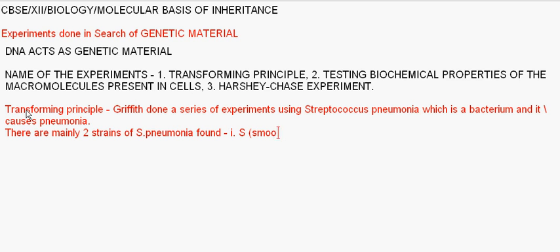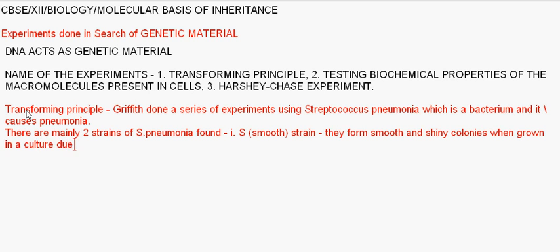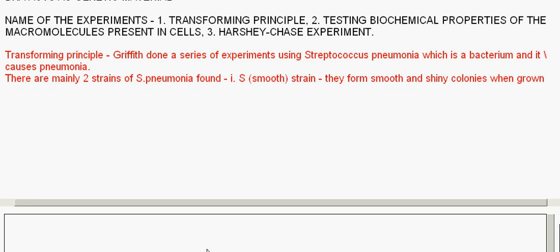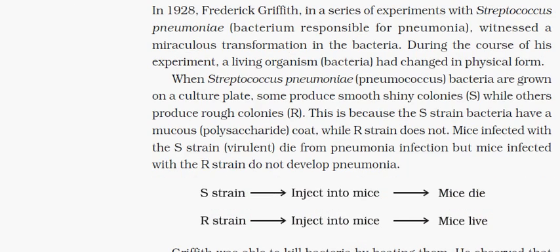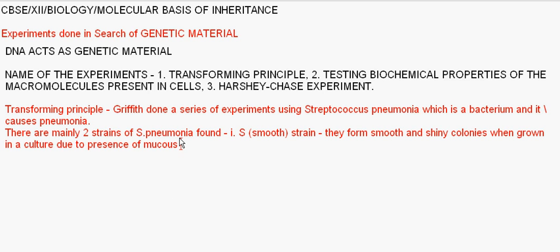They form smooth and shiny colonies when grown in a culture due to the presence of a mucus outer layer, a mucus coat made up of polysaccharide. And they cause pneumonia.